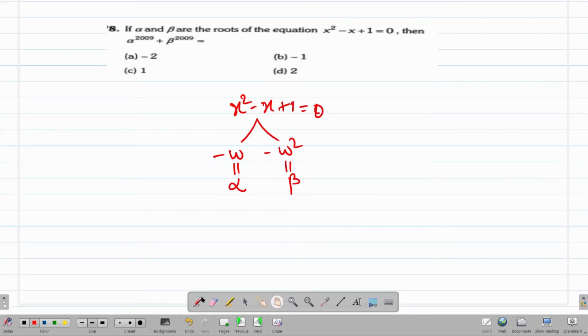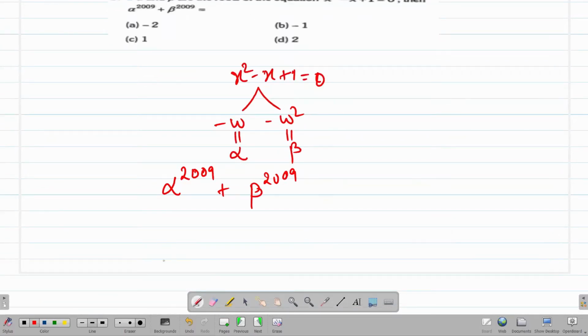And what I have to find is the value of alpha to the power 2009 plus beta to the power 2009. That means minus omega to the power 2009 and minus omega square to the power 2009.